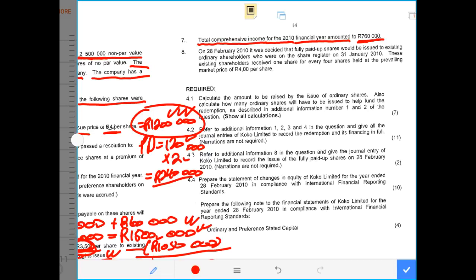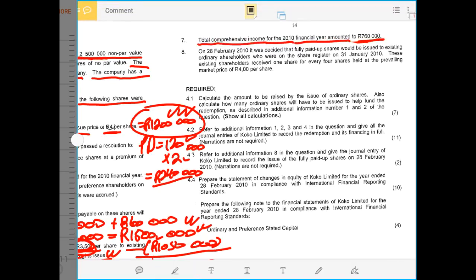But if they say total comprehensive, then look if there is any revaluation. If there's no revaluation, then you do nothing. But if there's revaluation and you do the statement of changes in equity, you need to remove the revaluation from the total comprehensive income, and you record that revaluation in its own column. And the difference between total comprehensive income and the revaluation will go under the retained earnings. I've emphasized that in the previous video that I did.